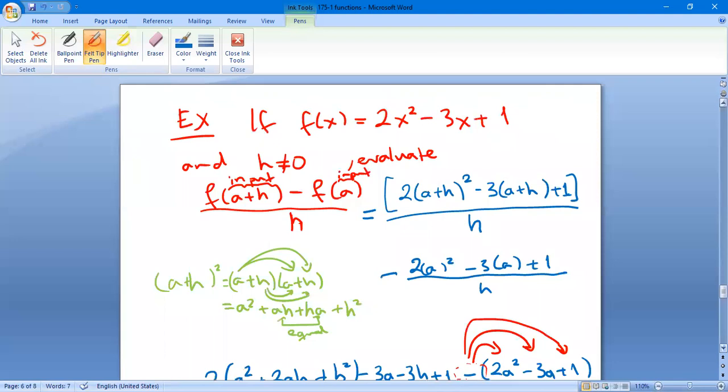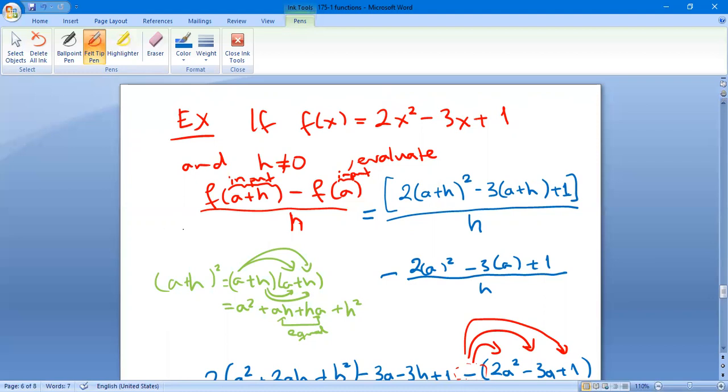It can be any number except for 0. But it's an abstract number, h. And we want to evaluate f of a plus h minus f of a, divided by this number h. Okay, here a is an abstract number. It can be, again, anything. h is another abstract number, only non-zero. So what do we do?